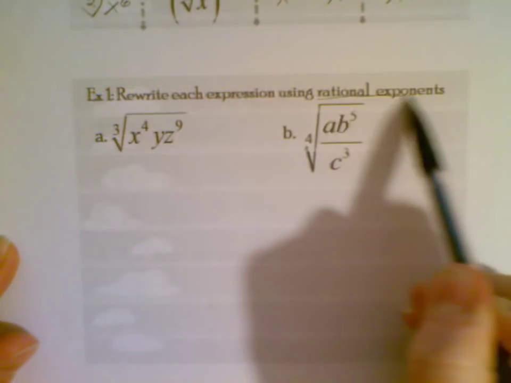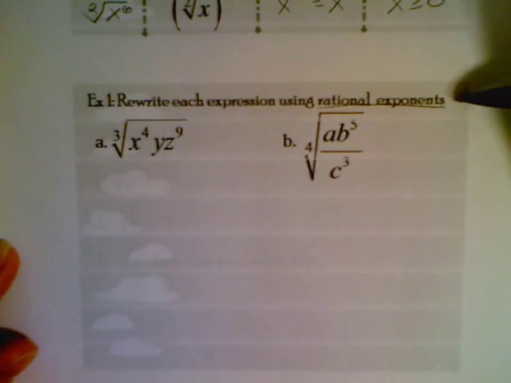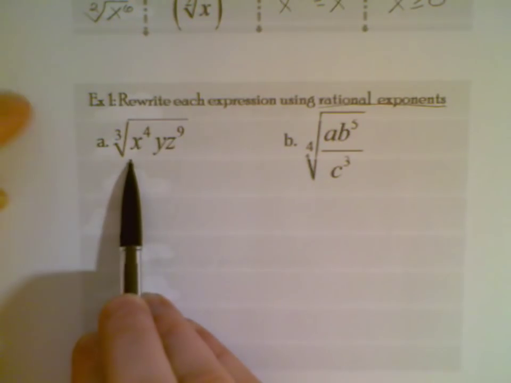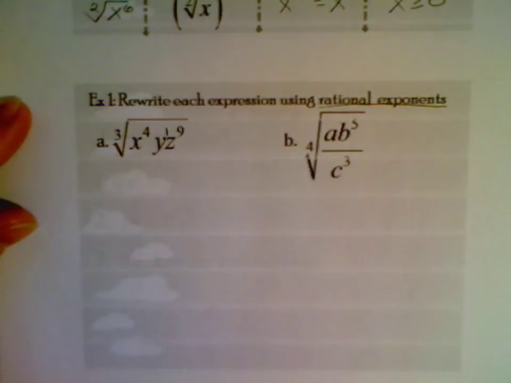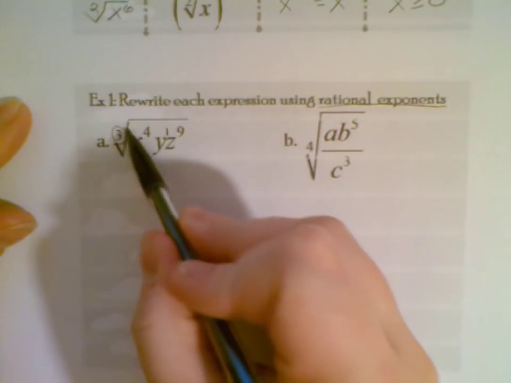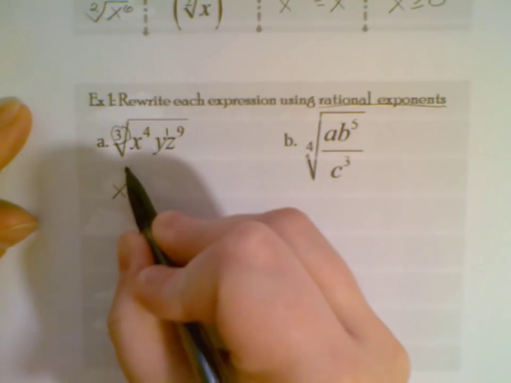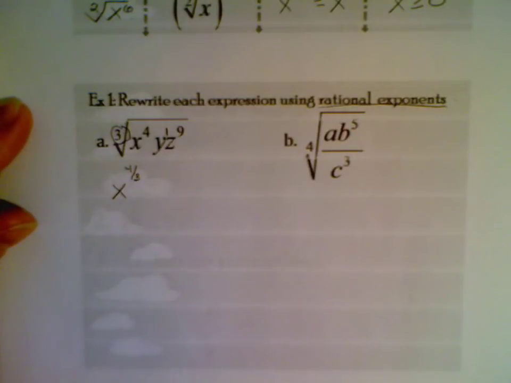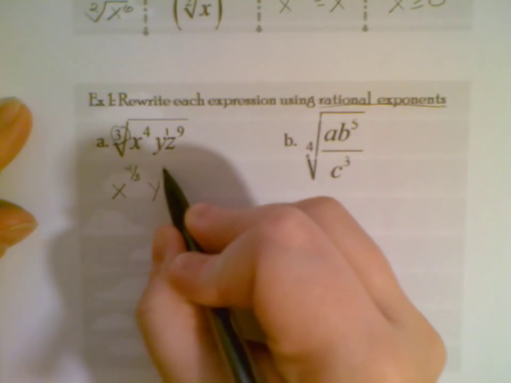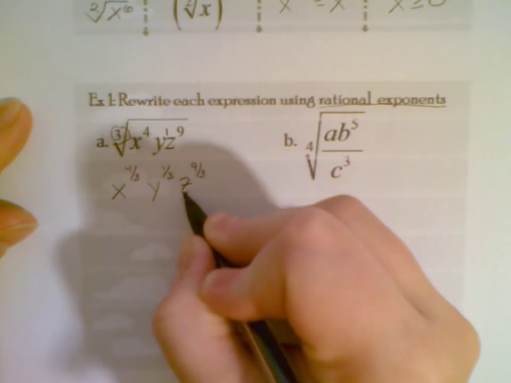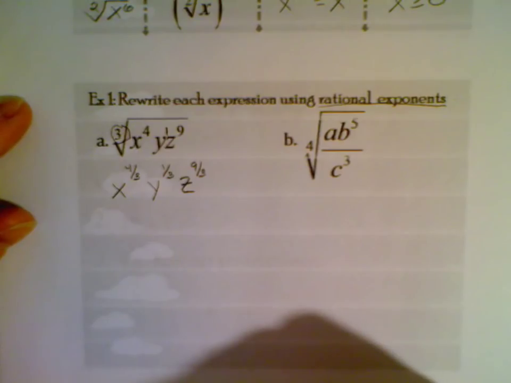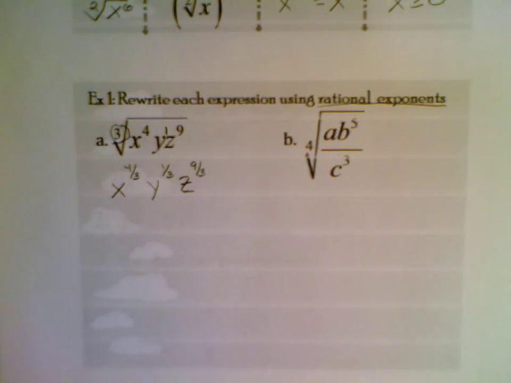We are going to rewrite the expression using rational exponents, so that's exponential form. Right here, each one keeps the power it has. For example, y has a first power, and I'm going to rewrite it with 3 being my index. So it's x to the 4/3, y to the 1/3, and then z to the 9/3. We could reduce, but we'll reduce later, so we're going to leave it in rational form here.